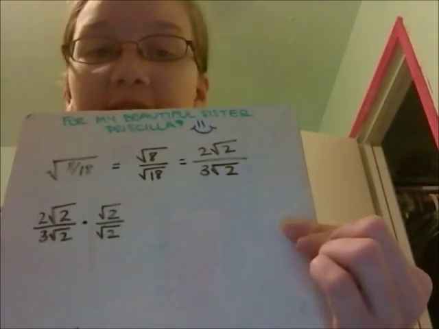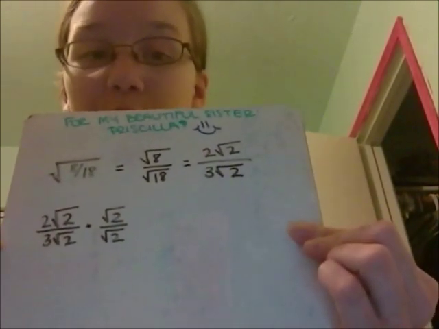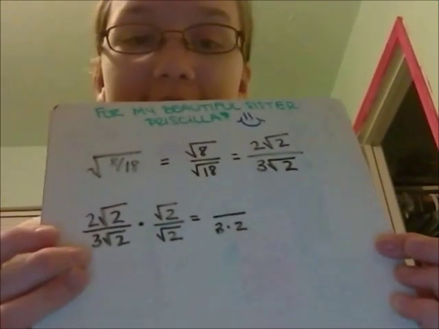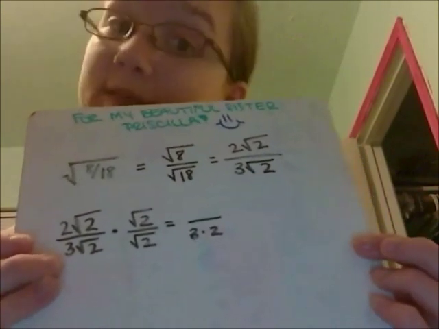So 3 times the square root of 2 times the square root of 2 is equal to 3 times 2, because the square root of 2 times the square root of 2 is equal to 2. So 3 times 2 is equal to 6, of course.